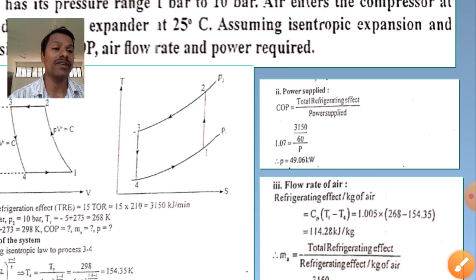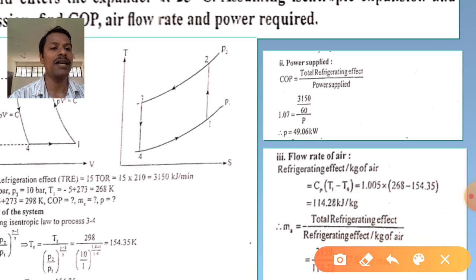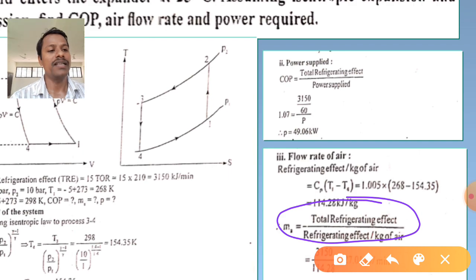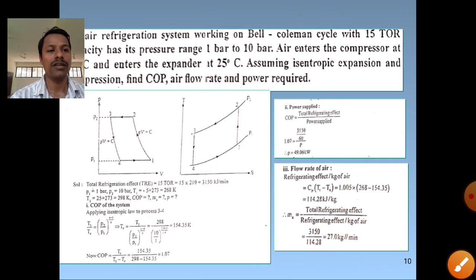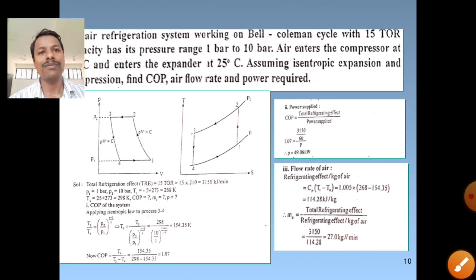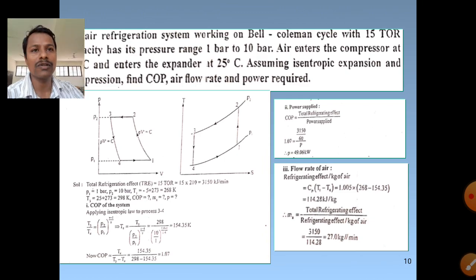Whenever the total refrigeration effect is given, we need to refer to this formula. Then we calculated the mass flow rate of air using this formula. So we understood new concepts as well as solved the problem in parallel. Please remember them, very important concepts in this problem.